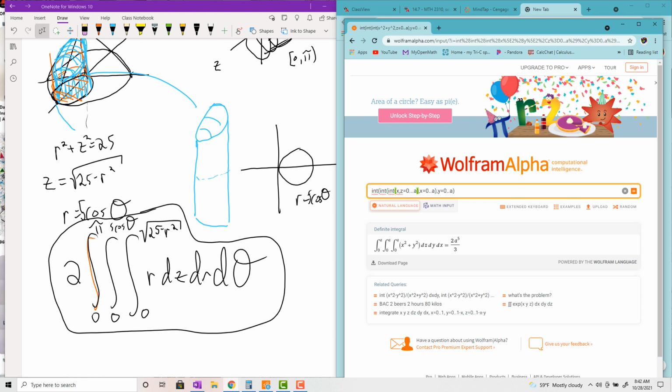Okay, so I'm going from 0 to the square root of 25 minus x squared, and then 0 to 5 cosine of y, and then y equals 0 to pi. And at the end, I need to multiply it by 2.